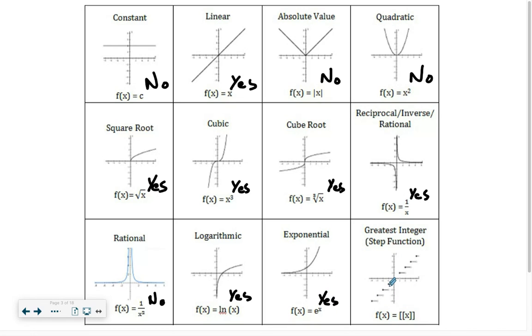But a step function, and again, we didn't really talk much about these, would not be one-to-one, because if I draw horizontal lines, I can see that I'm going to hit multiple points through that horizontal line. So that's the idea graphically.